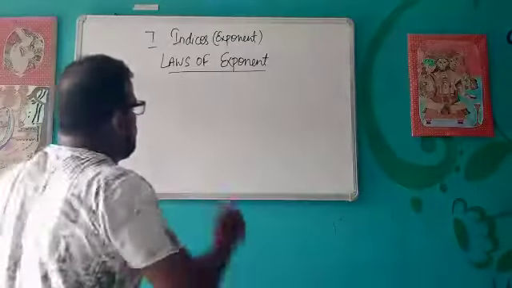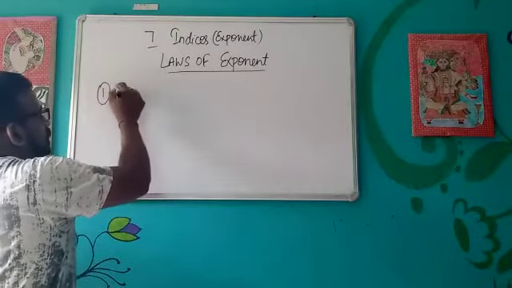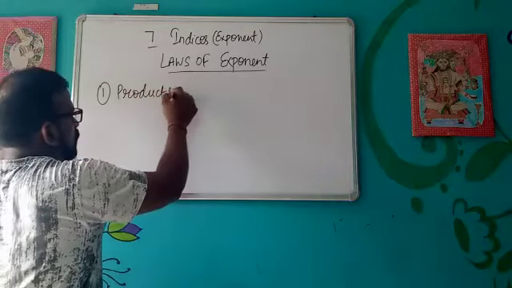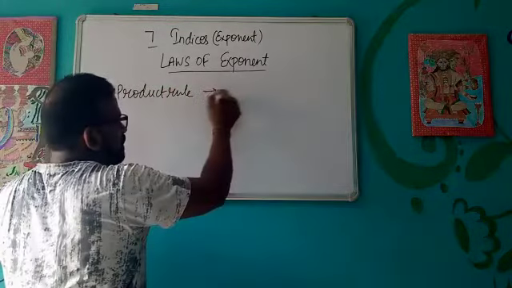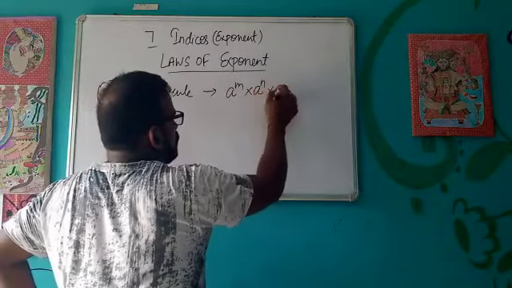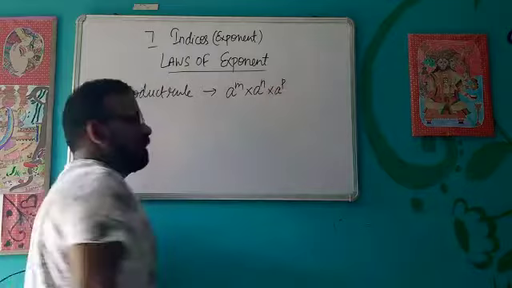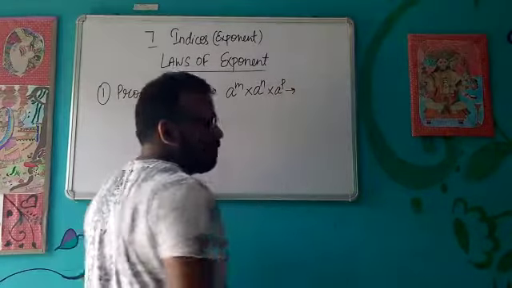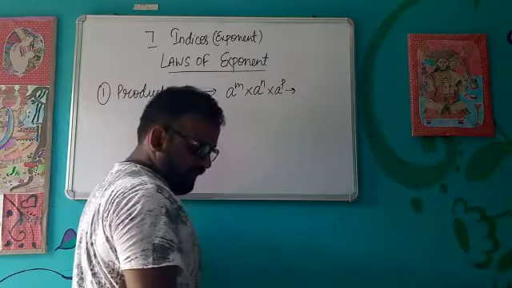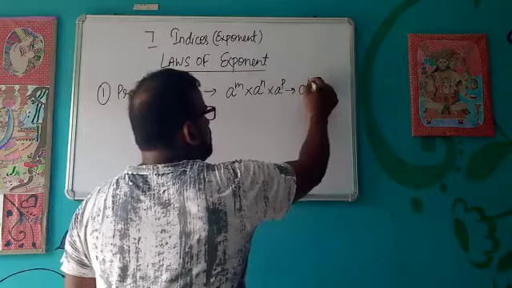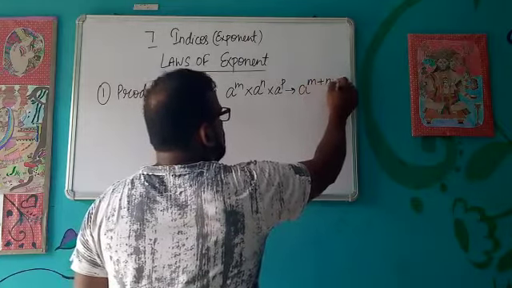Starting with the very first law, which we call the product rule. That is, if two or more numbers are there such that their bases are same, and they are multiplied together, then we will simply add the powers of the number.